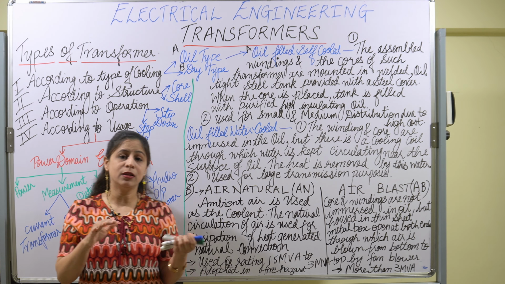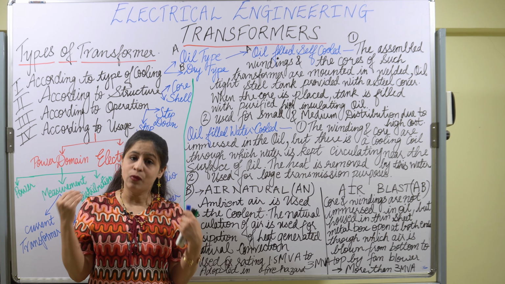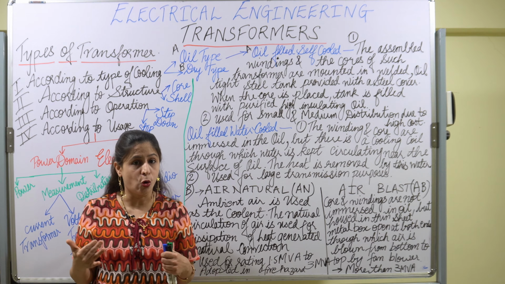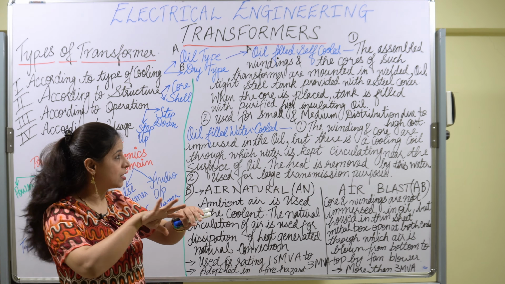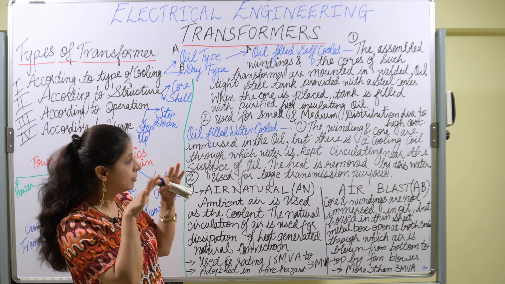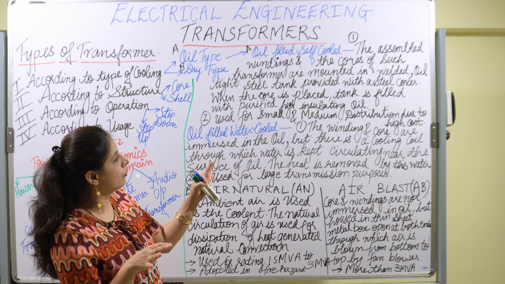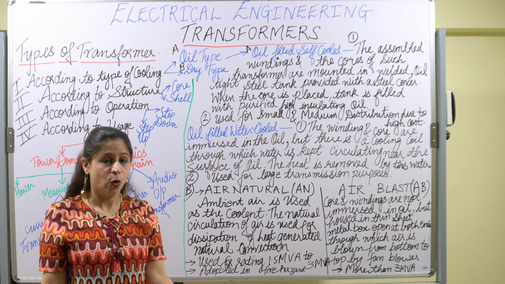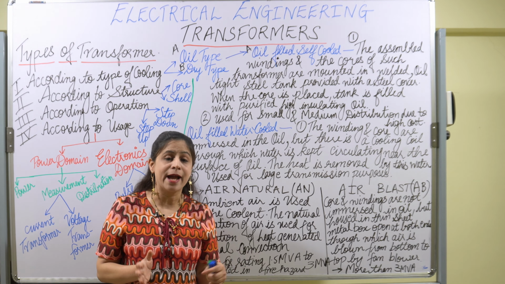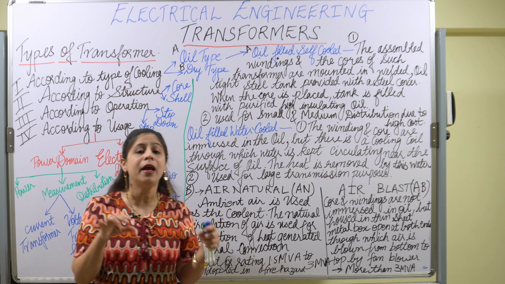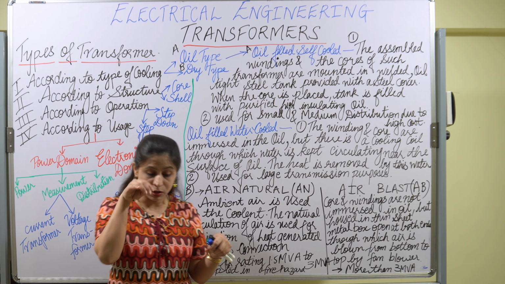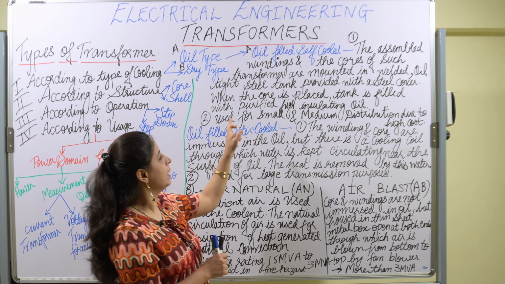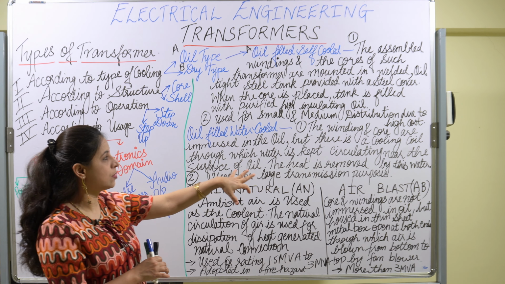So the assembled core and winding are placed in a tank which also has a steel cover. When it is placed in the tank, purified high insulating oil is then poured in.